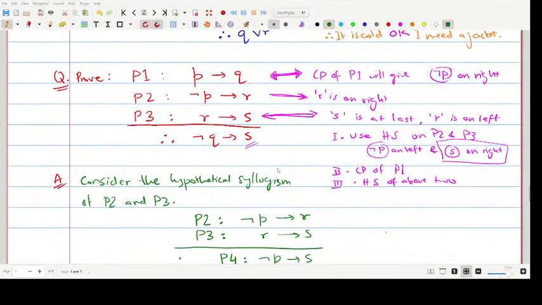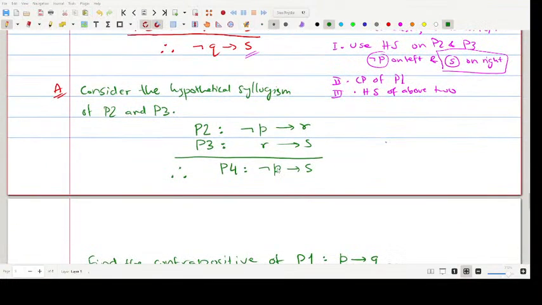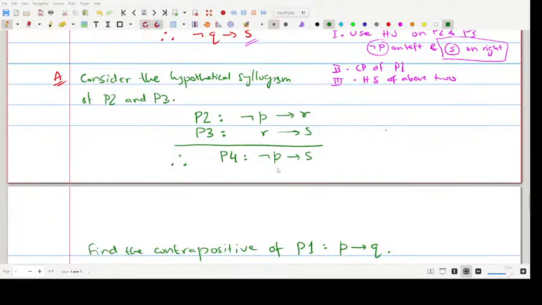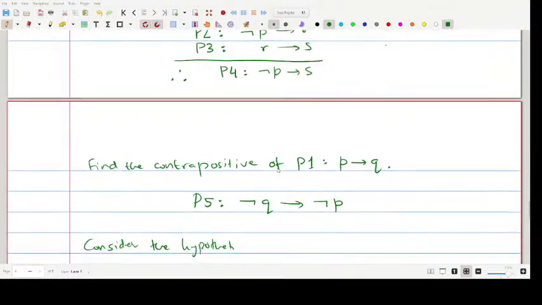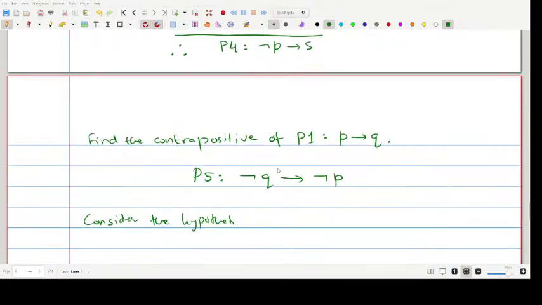Till now, we have got three premises P1, P2, P3, and from P2 and P3 we considered the hypothetical syllogism as P4, which is negation P implies S, and the contrapositive of P1 as P5.